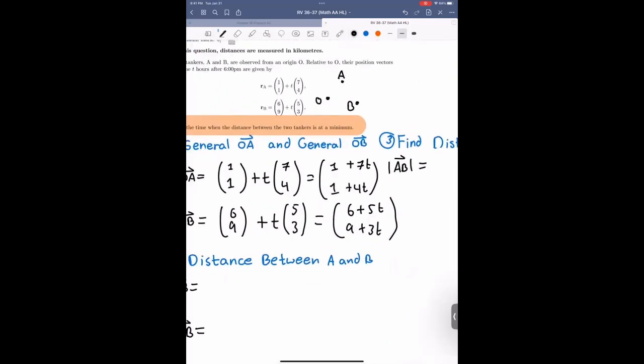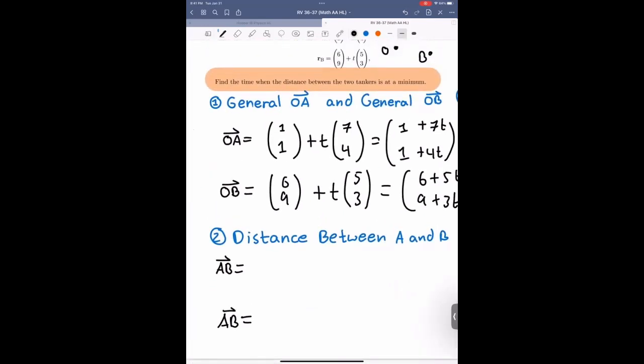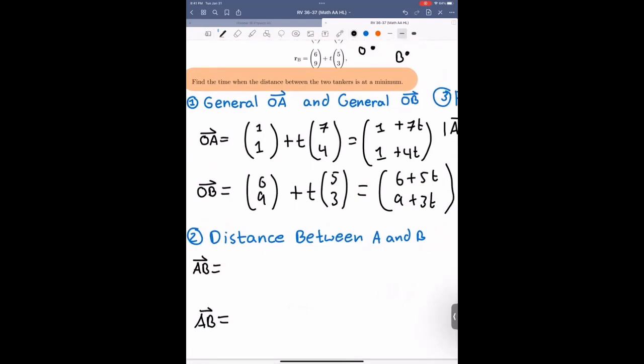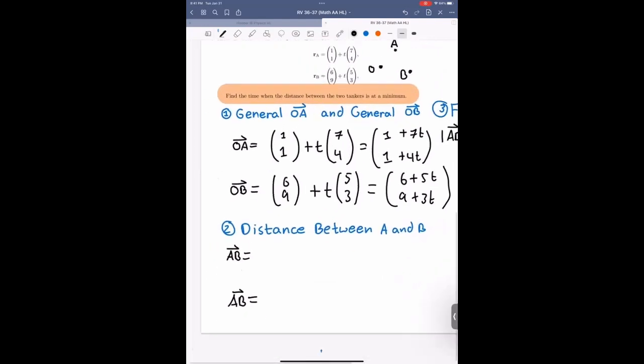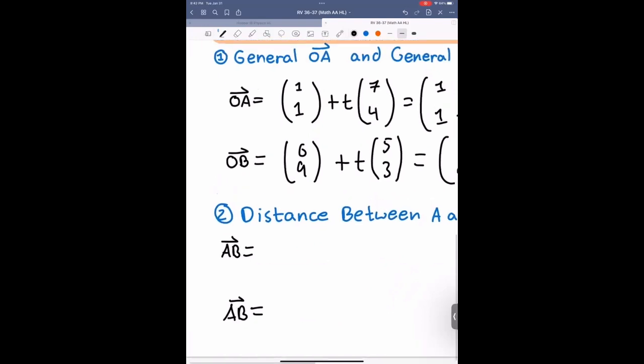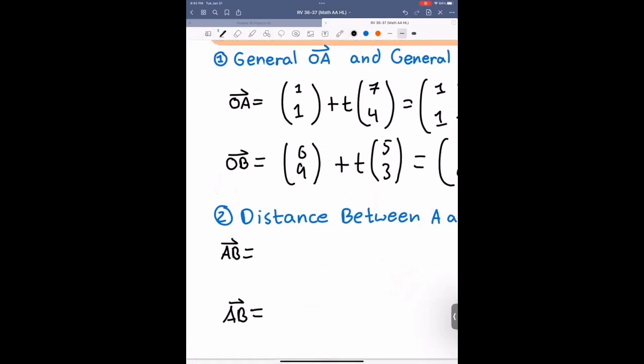Right, now we need to find the distance between A and B, and we can do that by subtracting vector OB from vector OA, which will leave us with vector AB.